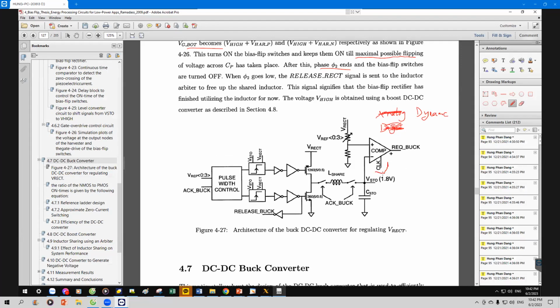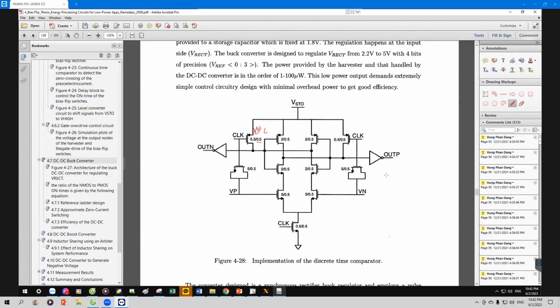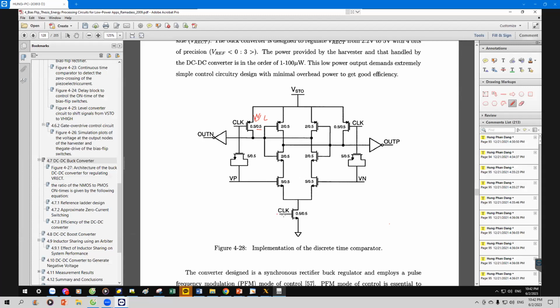So a dynamic comparator will have a clock. It will have a clock to control here.